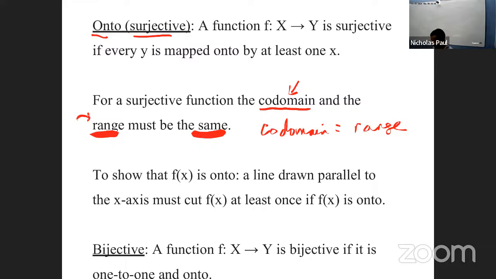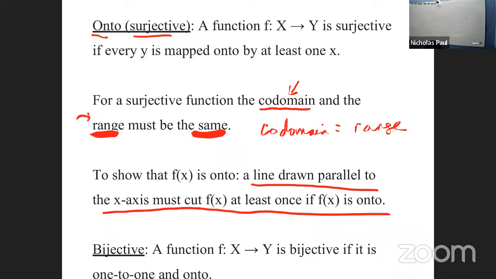If it's not, you will have to use this technique here: a line drawn parallel to the x-axis must cut the graph at least once. And the next technique is rearranging the formula and checking to see if any possible value of x will give you a value of y that is not in the codomain. All you're writing is onto, codomain equal to range. Compare the codomain to the range.